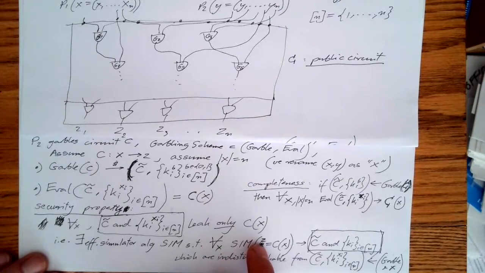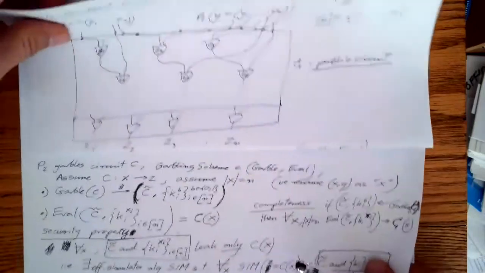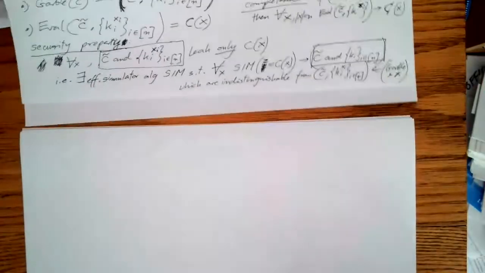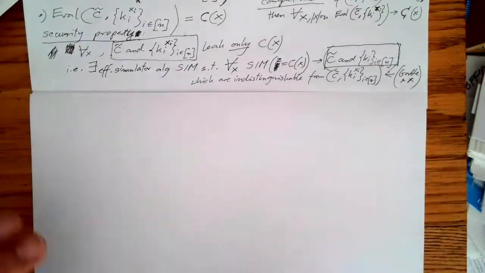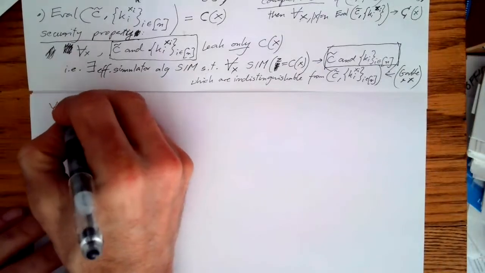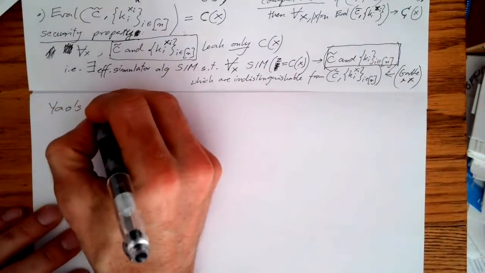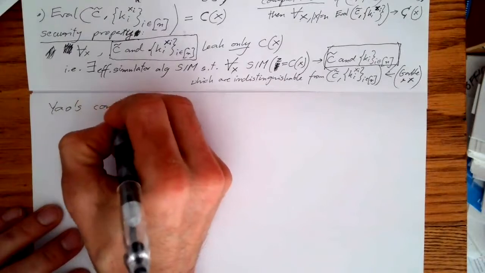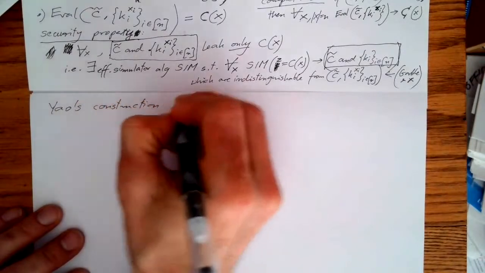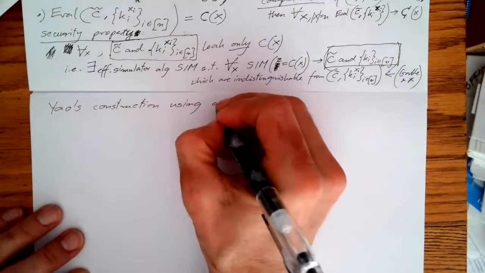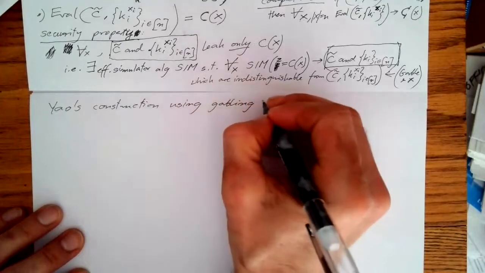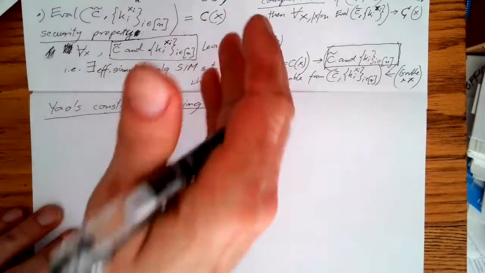Okay, so that's a garbling scheme. Now, how are we going to use it? First, let's see Yao's construction using garbling, and second, of course, we have to say how you get such a garbling scheme.